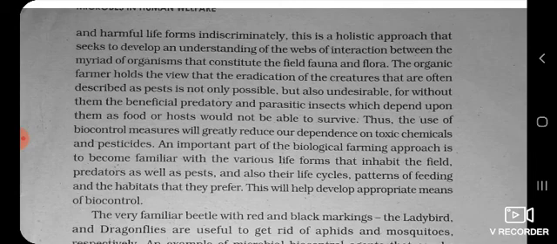So this line states that these chemicals kill both useful and harmful life forms, and due to which there is an interaction between the myriad of organisms that constitute the field fauna and flora, and thus fauna means the animals and flora means the plants. So naturally these plants and animals get damaged by this type of chemicals.